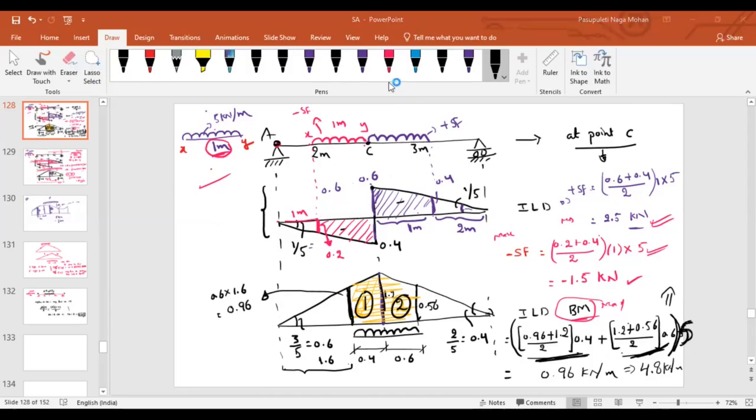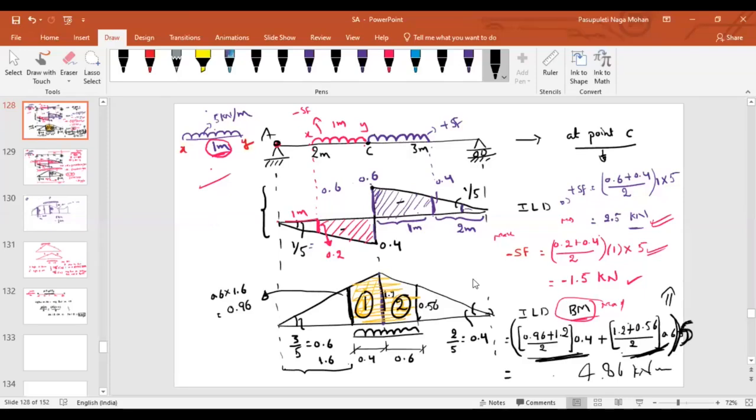If it is a UDL, always remember you have to multiply with the load intensity. Definitely 0.96 will be there in the options. Nowadays you have to enter the answer only, isn't it? If you directly enter 0.96, then even though your method is right, you might not get any marks. So please don't commit these mistakes.